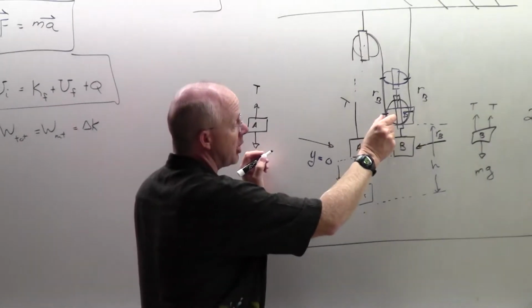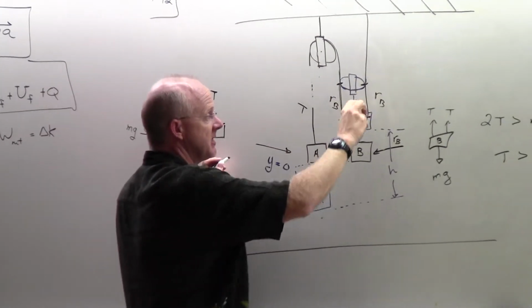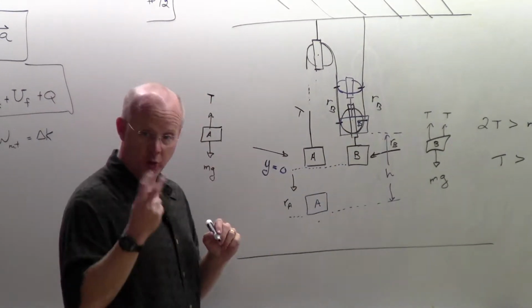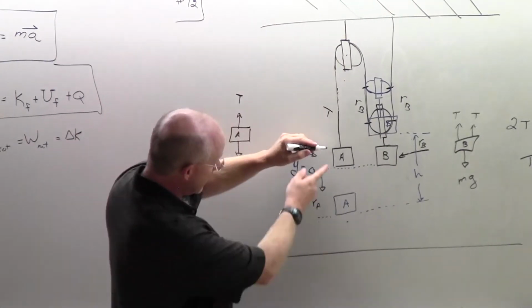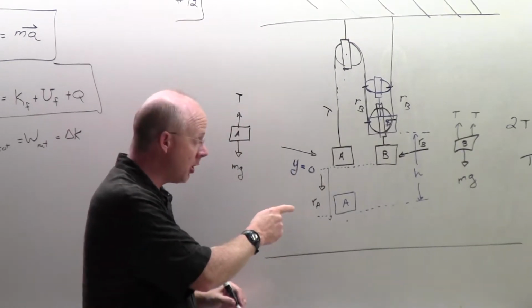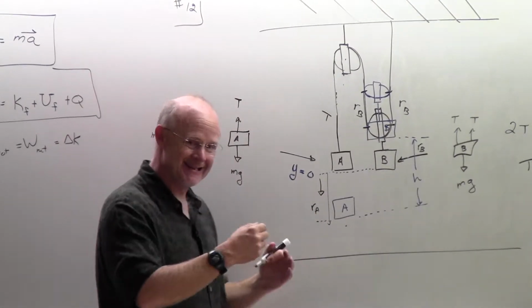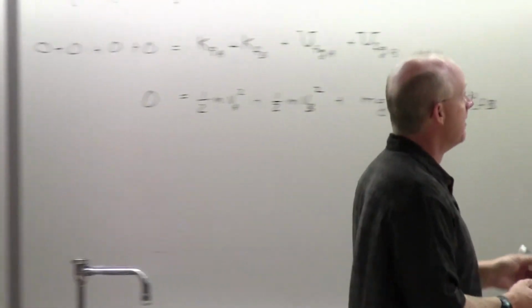So as this pulley goes up, you have a shorter distance by RB twice in the string. Where does it go? Well, it goes to this going down. So RA is going to be twice that of RB.